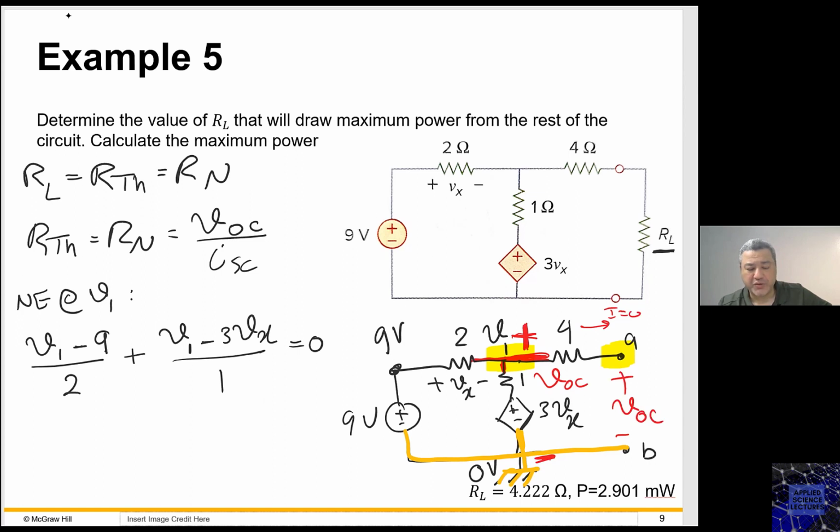The potential at those two highlighted nodes is the same because there is no current going into the 4 ohm branch, right? It's an open circuit, which means that the potential difference across the resistor R is zero, which means the potential at both terminals are equal.